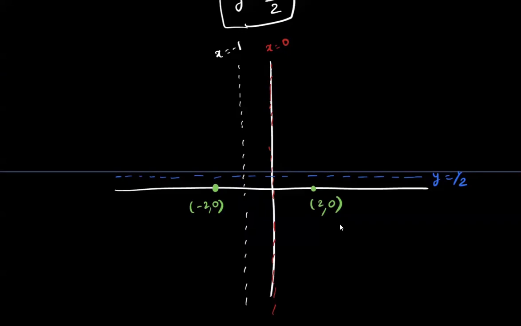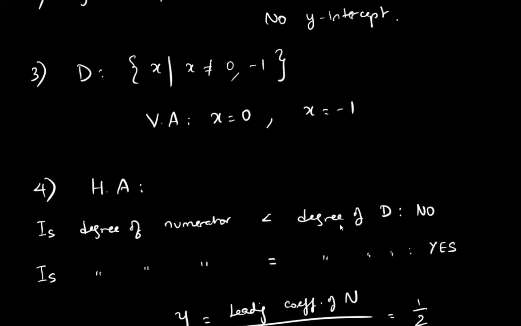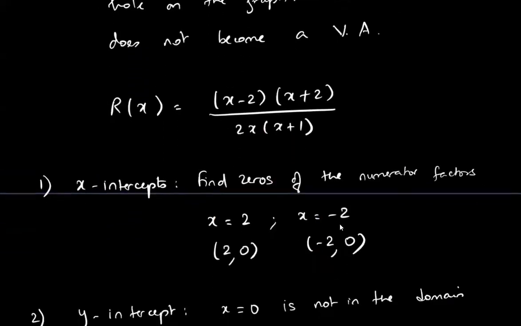Now I have to graph this. Based on this, I can graph it, but let me walk you through it with more details. When you're trying to graph this, you have to look at the multiplicity of the zeros that gave you the vertical asymptotes.